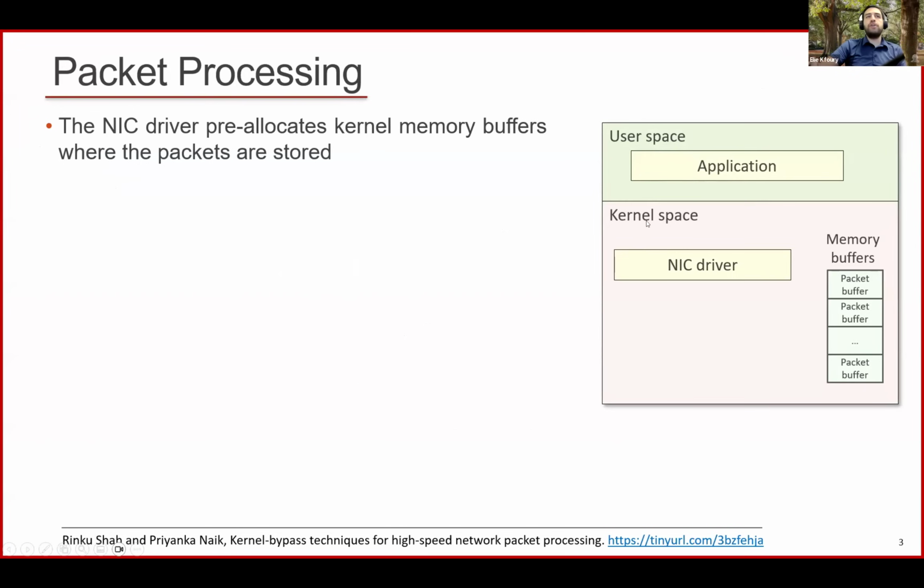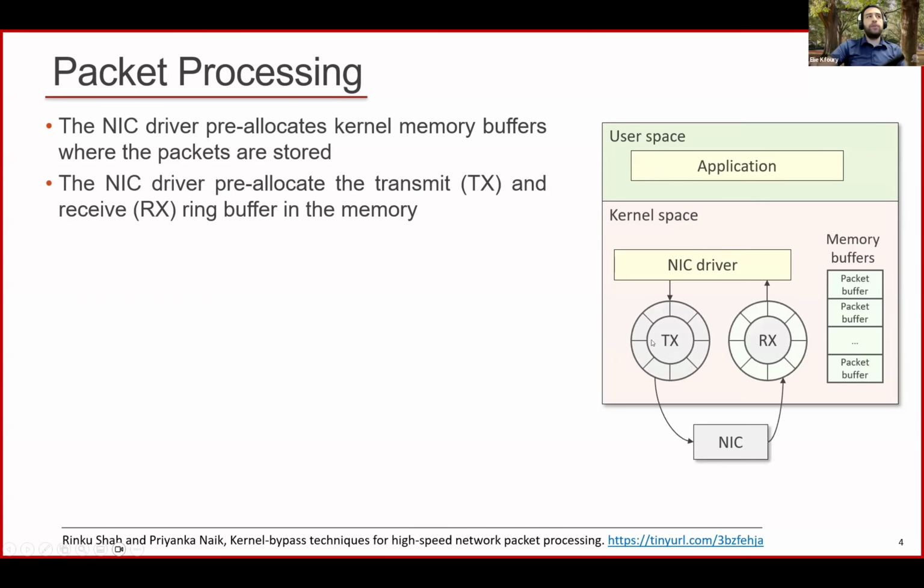And in the kernel space, we have a bunch of drivers that help us with controlling the hardware. So the network interface card driver initially pre-allocates the kernel memory buffers in the kernel space. This is where the packets would be stored. It also pre-allocates the transmit and receive ring buffers in the memory.